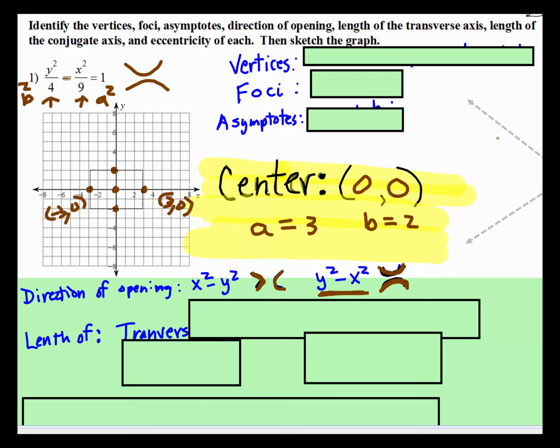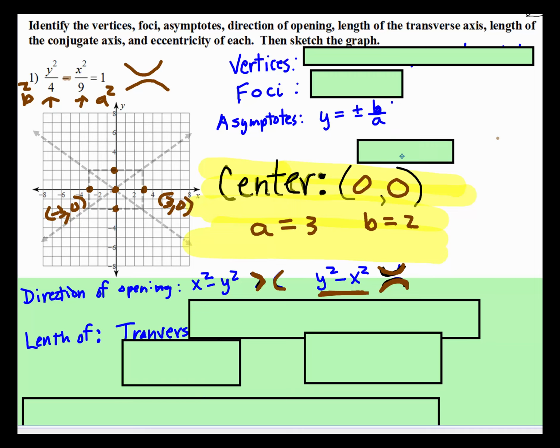Let me make it a little bit bigger so you can see it. So you draw this invisible rectangle, and through that rectangle you draw diagonal lines, and actually draw them so they go all the way to the end of the graph. Those diagonal lines that go through the invisible rectangle are called asymptotes. So that's one way to find the asymptotes.